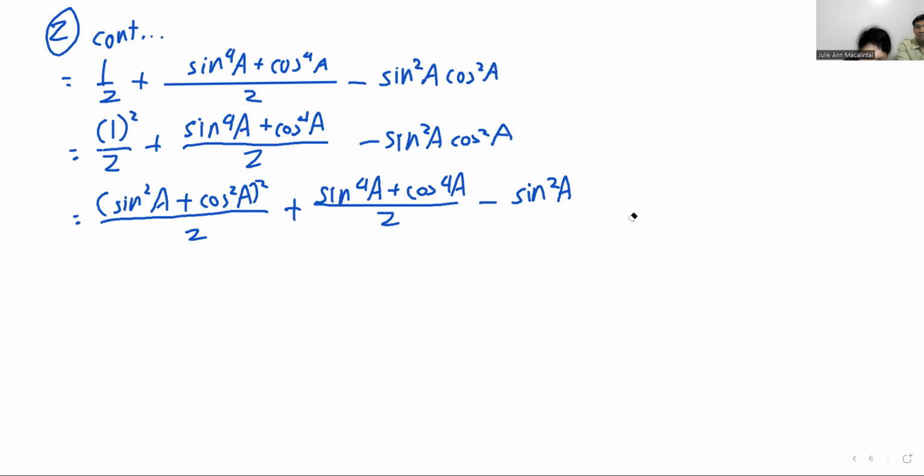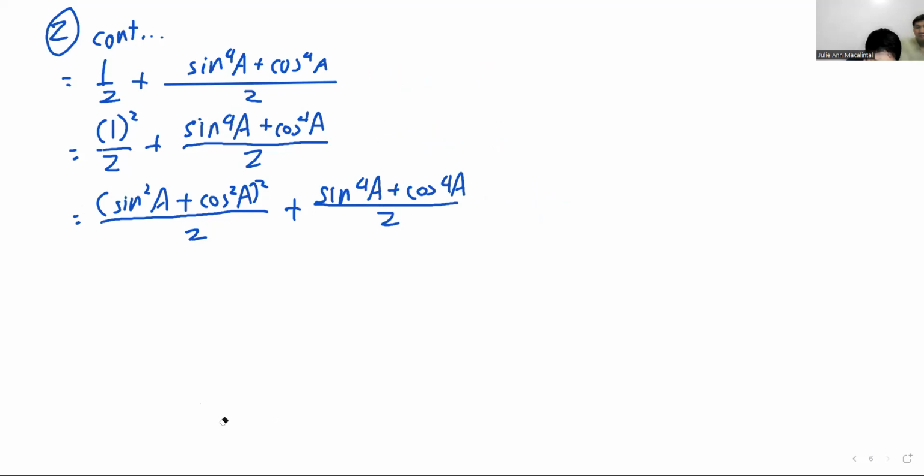I think it makes more sense if we just integrate this sine squared root. I already saw the path. I think it will merge back anyway.